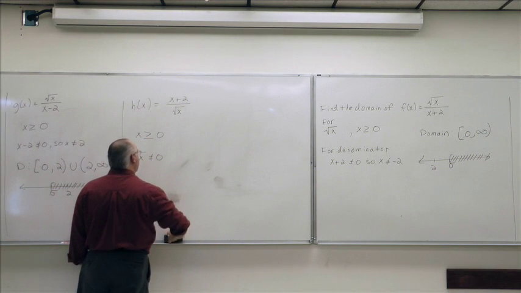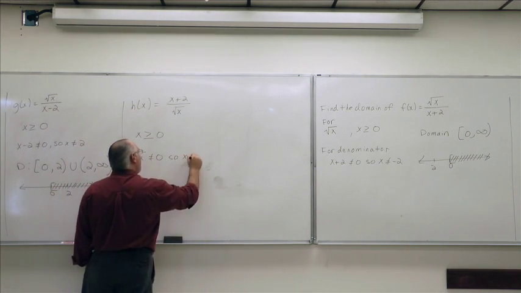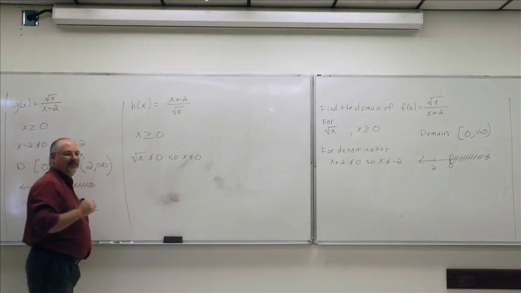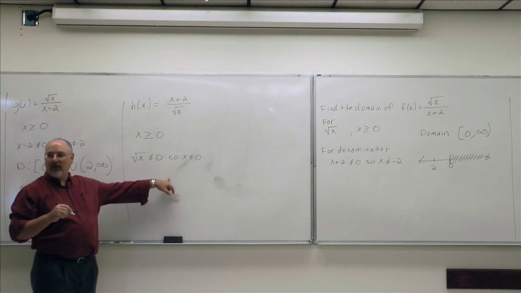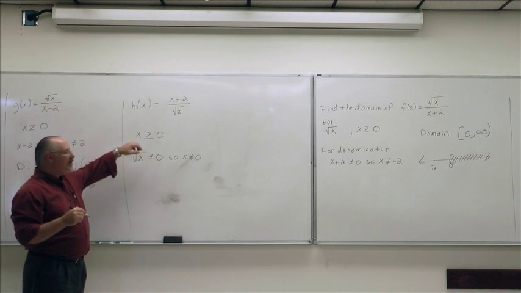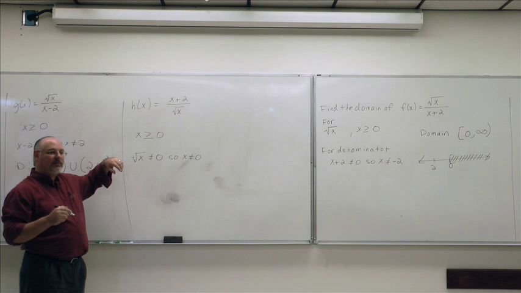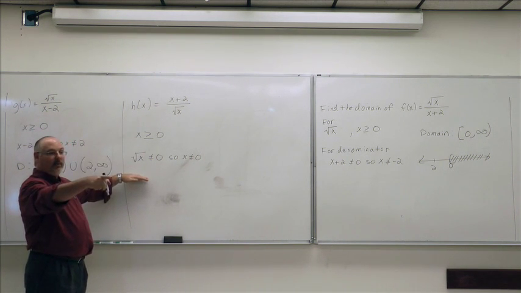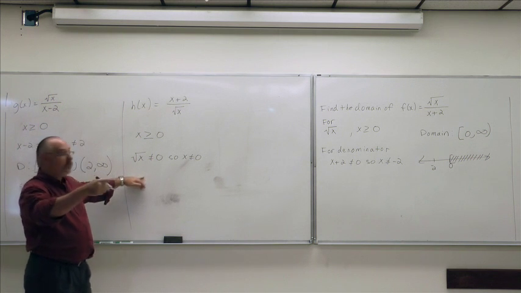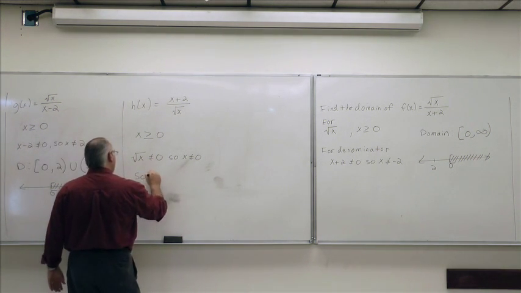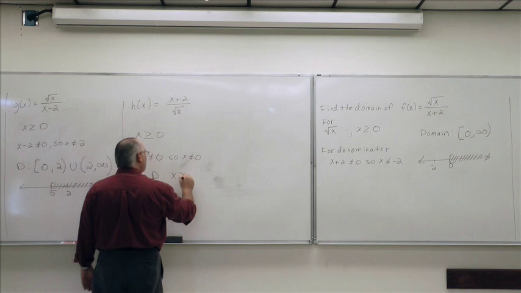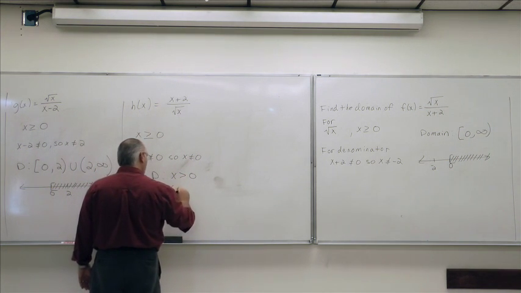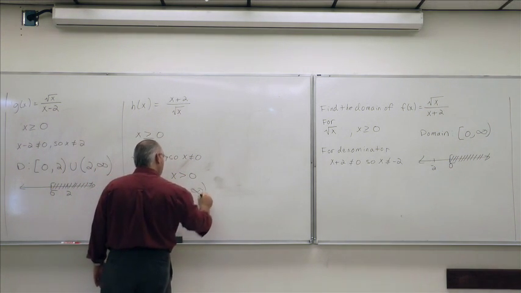So in this case, x can't be 0, right? Because the square root of 0 is 0. So then how does that change the domain? How do I combine these two? Take away the equal to. So the domain is simply x is greater than 0, or 0 to infinity.